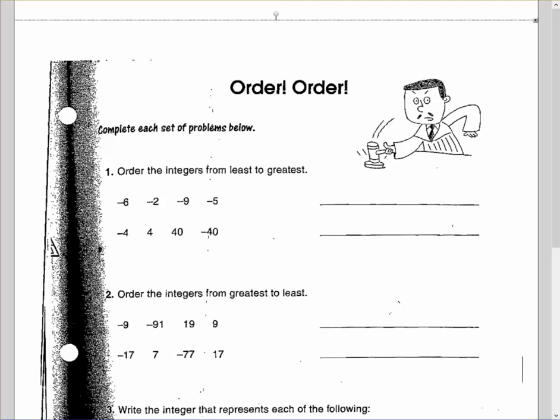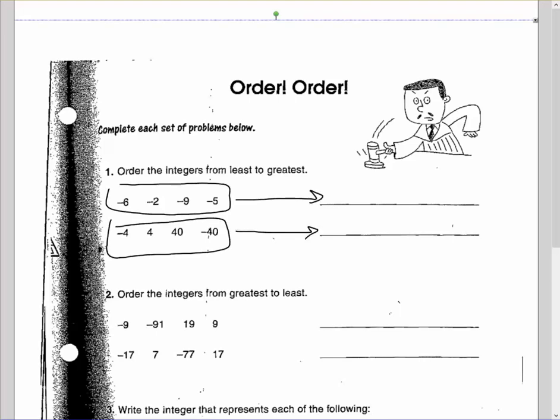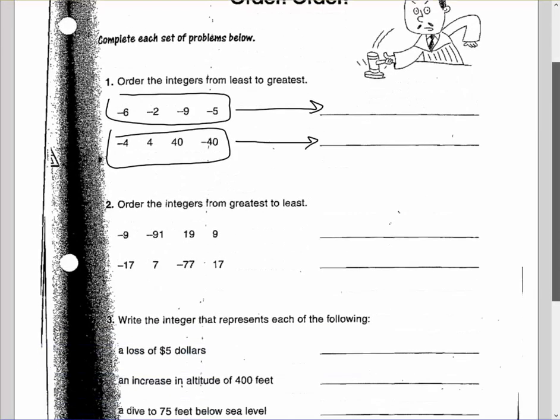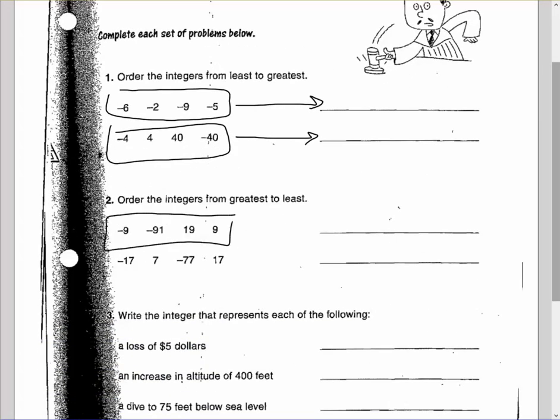So this is one set that will go on this line, all right? This is another set that will go on this line, all right? Same with the next batch. You're looking at this as one set that will go in order from greatest to least in that case, and this batch, which will go again from greatest to least here, all right?